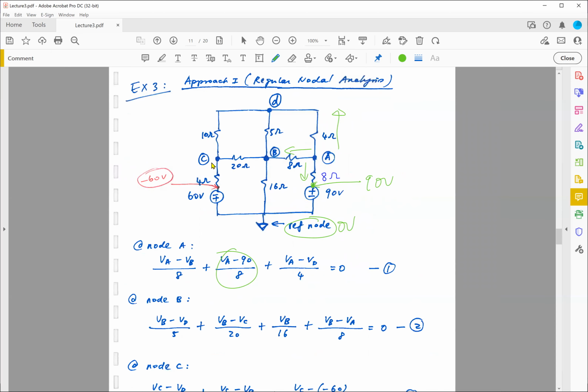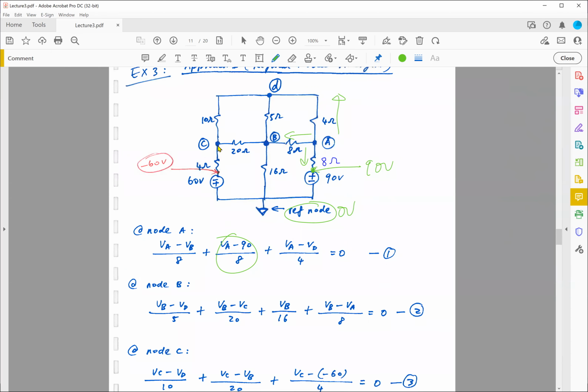VC, right? So VC, I have VC minus VB divided by 20, VC minus VD divided by 10, VC minus whatever this voltage is divided by 4. And whatever this voltage is simply minus 60 volts.